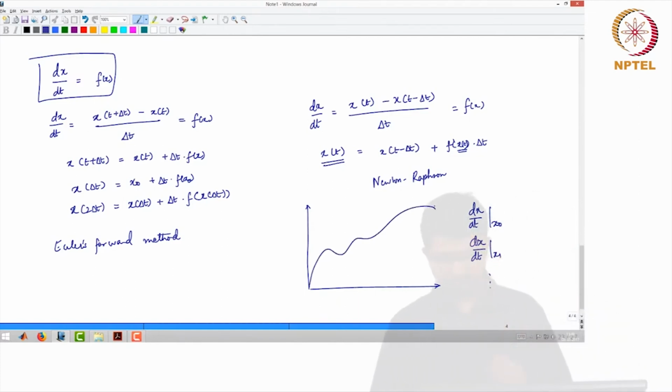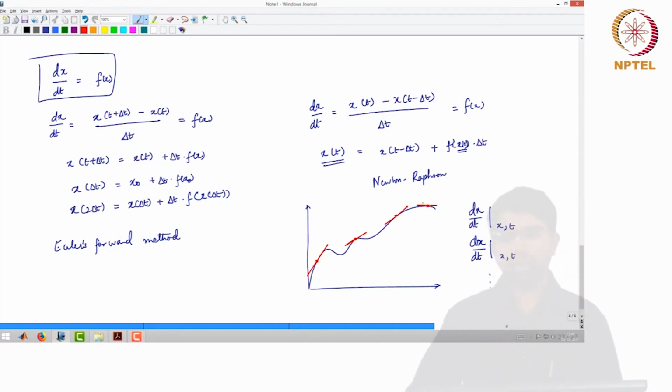Based on this you want to construct the function. dx by dt depends on t also, right? You can basically write it as f of x comma t essentially. So, at some x comma t, here this is the slope, here this is the slope, here this is the slope, here this is the slope.